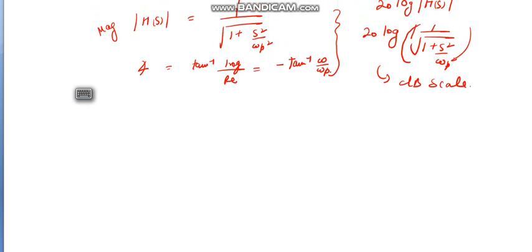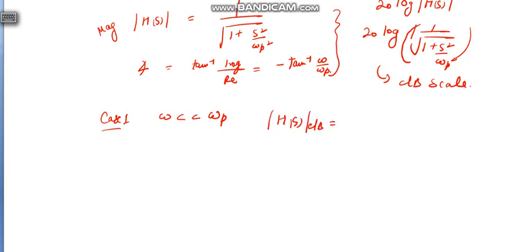Now let's consider different cases. Case 1, we consider first when omega is less than omega p. So how it is going to impact magnitude in dB? This will be 20 log 1 upon square root 1 plus omega square upon omega p square.